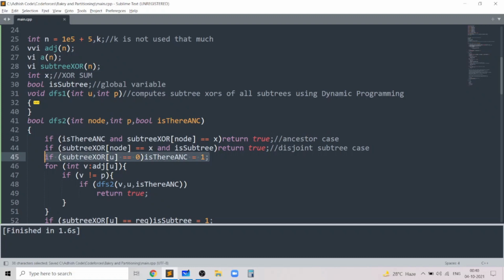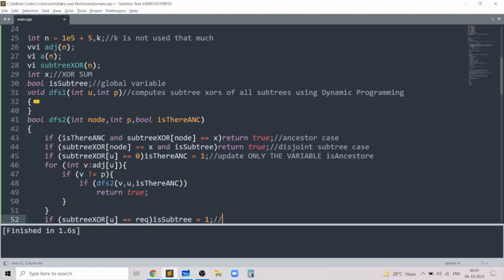Then we update is ancestor. So update only the variable is ancestor, and don't update the variable is subtree, because we update the variable is subtree over here. So update is subtree only over here after calling DFS on all children.